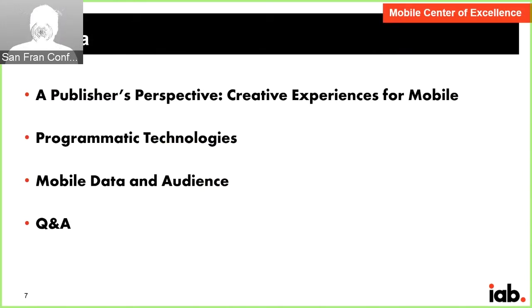Following that, we'll discuss the current mobile programmatic technologies and how publishers can leverage them to make their business more efficient. And we'll wrap up with some case studies on how to use mobile data to enrich your audience segmentation and increase the value of your inventory. In particular, we'll focus on mobile location data, as it's a unique data point of the mobile medium and provides a lot of potential for publisher monetization.